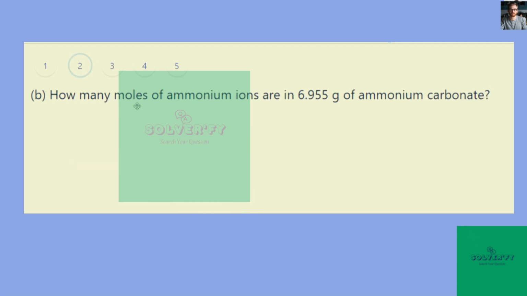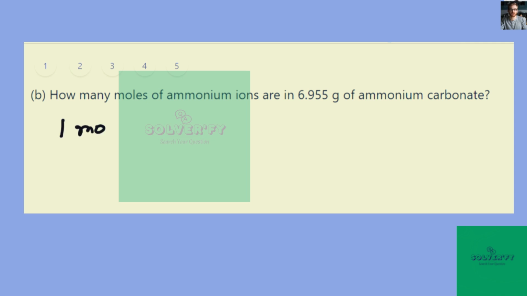Now in the second problem, we have to find out how many moles of ammonium ions are in 6.955 gram of ammonium carbonate. So first we have to know what is the molar mass of ammonium carbonate.